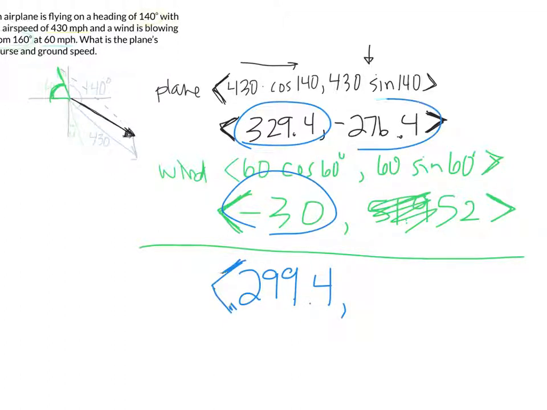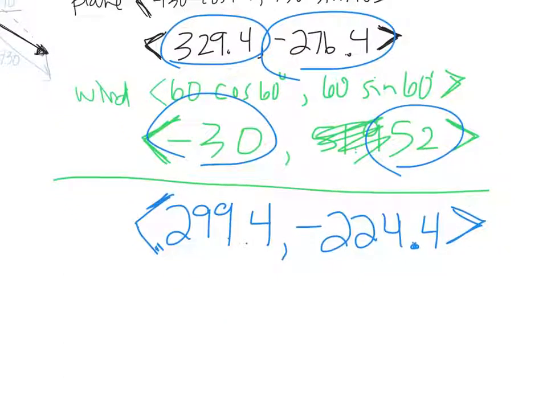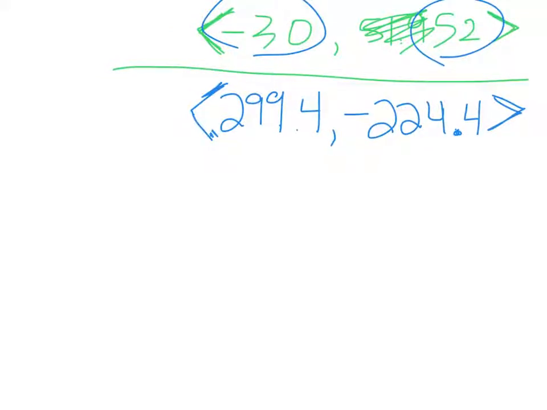And negative 276 plus 52 is negative 224.4. So when you're doing this method, it's really important to make sure that you get the signs of the x and the y coordinates correctly, or you're going to be all kinds of crazy.